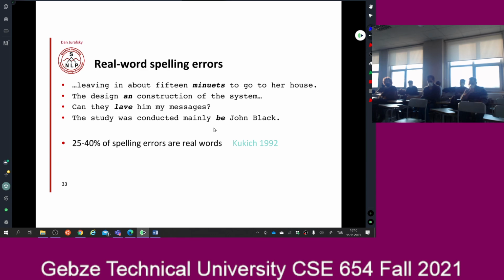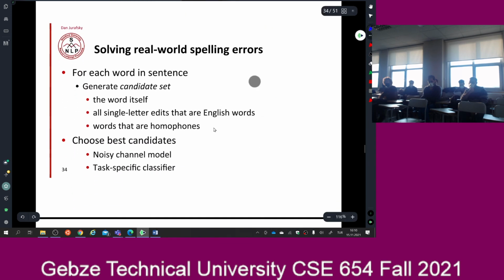Olduğunu, olduğundan, olduğuna. Just if you type the last letter wrong, then your word is fine. It will be a nicely spelled word, but not the correct word, an incorrect word, etc. So real word spelling error is bad. So what are we going to do?